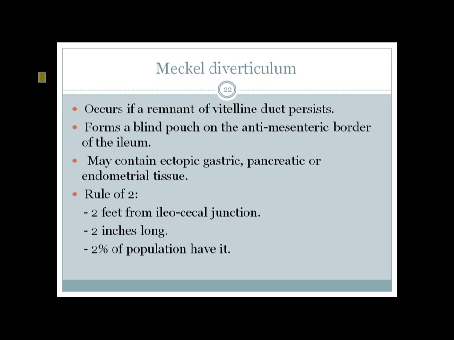There is another congenital anomaly, which is Meckel diverticulum, and as you can remember from your previous slides, the Vitelline duct connects the midgut with the yolk sac for a certain period of time, and then it undergoes degeneration. If this degeneration is incomplete, it will lead to some problems, and one of those is Meckel diverticulum. Meckel diverticulum is a blind pouch on the antimesenteric border of the ileum, and sometimes it may contain ectopic gastric, pancreatic or endometrial tissue.